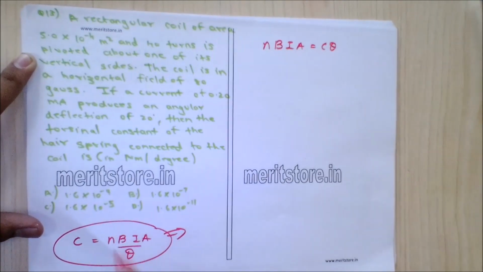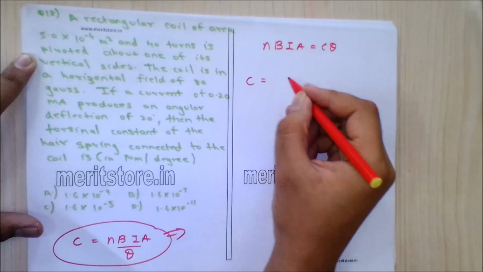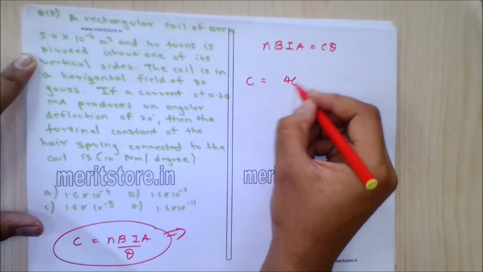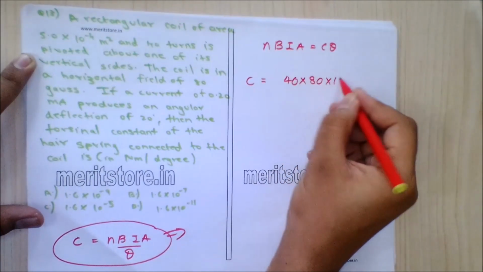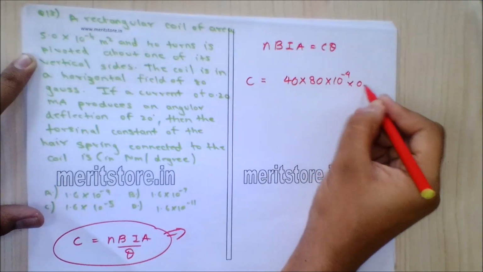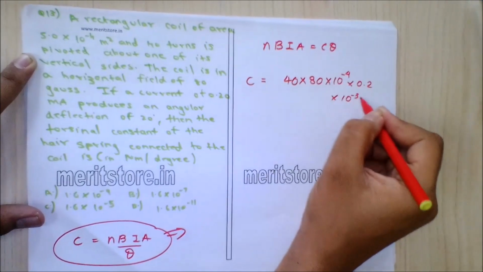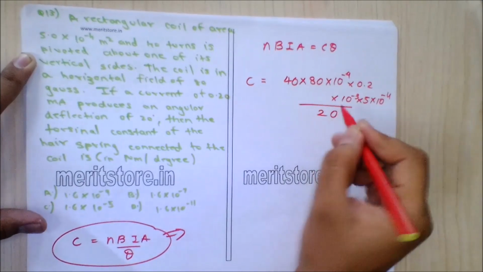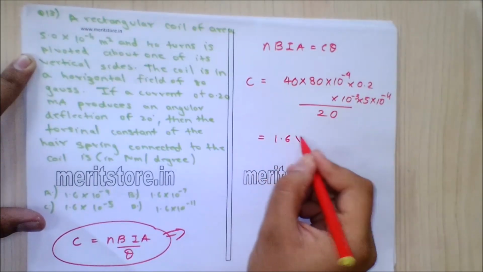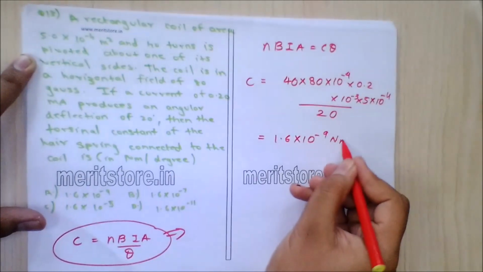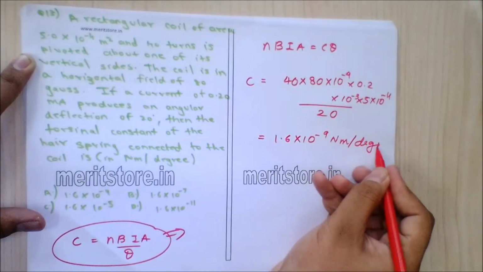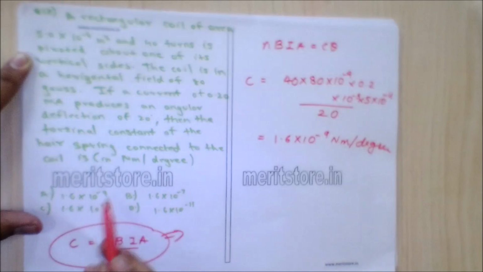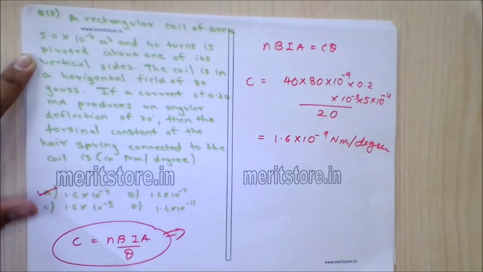So substituting the values in the formula, C is equal to 40 into 80 into 10 raised to minus 4 into 0.2 into 10 raised to minus 3 into 5 into 10 raised to minus 4 upon 20, which on solving gives us 1.6 into 10 raised to minus 9 Newton meter per degree. So 1.6 into 10 raised to minus 9, that is option A, is the correct answer.